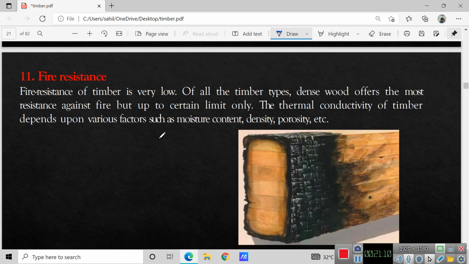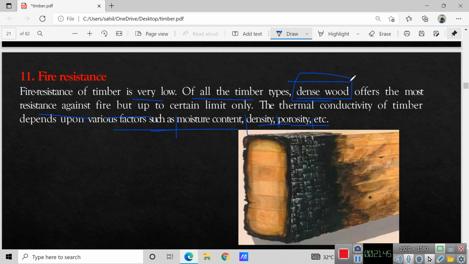Now fire resistance. Fire resistance of timber is very low. Of all the timber types, dense wood offers the most resistance against fire, but up to a certain limit only. The thermal conductivity of timber depends upon various factors such as moisture content, density, porosity, etc. Again, the fire resistance of a wood also depends on various factors such as moisture content, density, porosity, etc. And the ideal fire resisting timber is the type which is made up of dense wood.